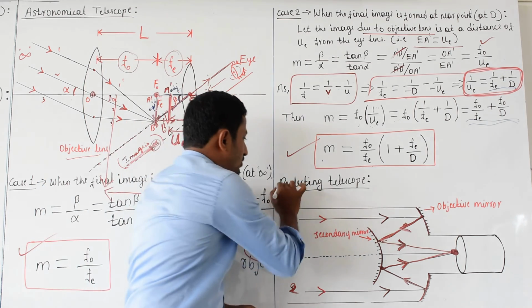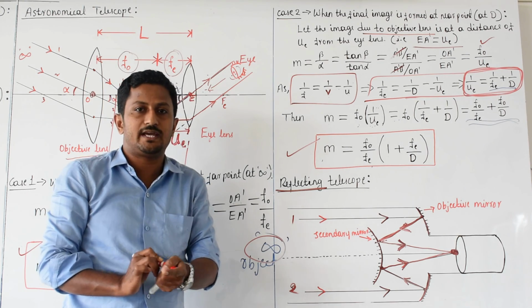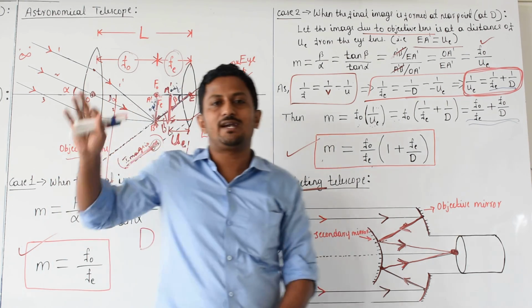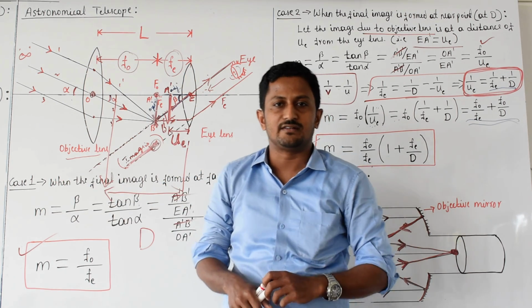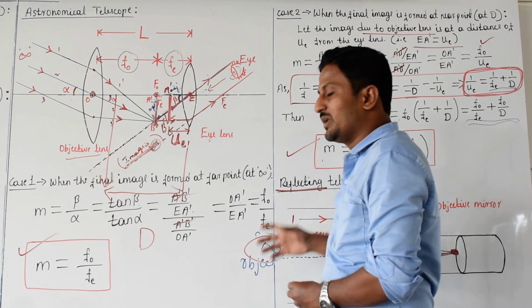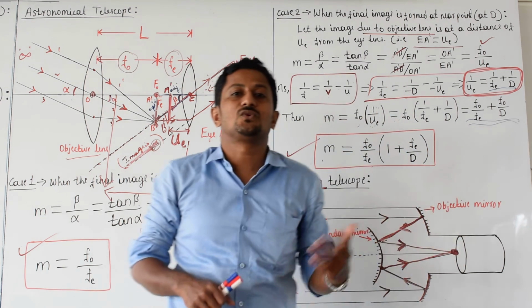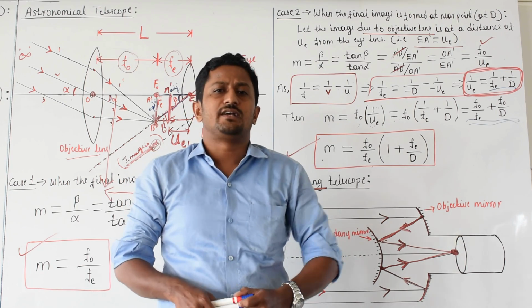Okay, that's why we call it a reflecting telescope, to avoid the drawbacks of the refracting telescope. Now in modern telescopes they go with a mirror, so we call it a reflecting telescope.